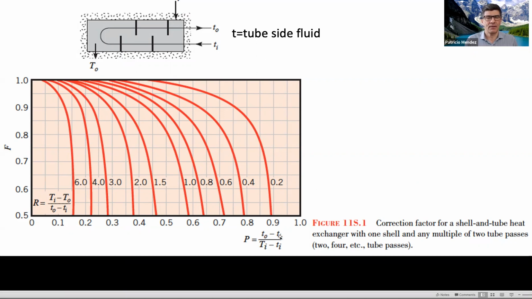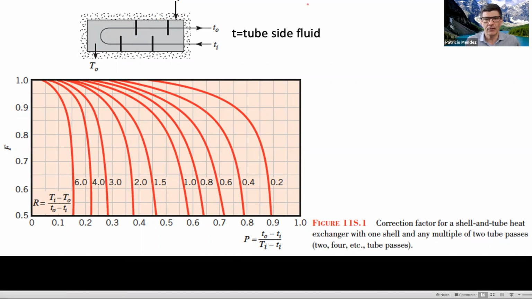When we have a heat exchanger that is very complicated, we assume that it is a counterflow heat exchanger. It's not a counterflow heat exchanger, but we assume it is, and we would calculate a delta T log mean for the counterflow heat exchanger.